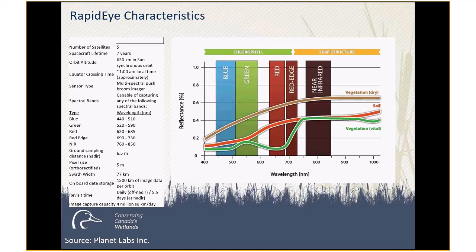And we have had some success in the past with water mapping and flood mapping using RapidEye, and the red edge and near infrared bands have really performed well in terms of separating out flooded vegetation.